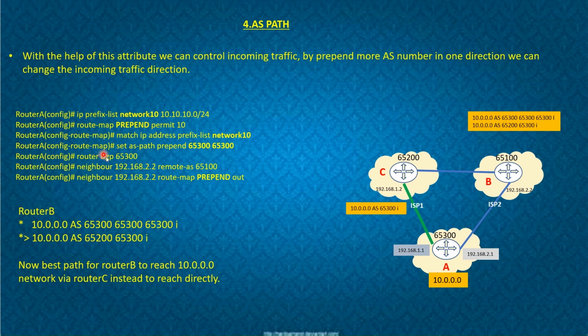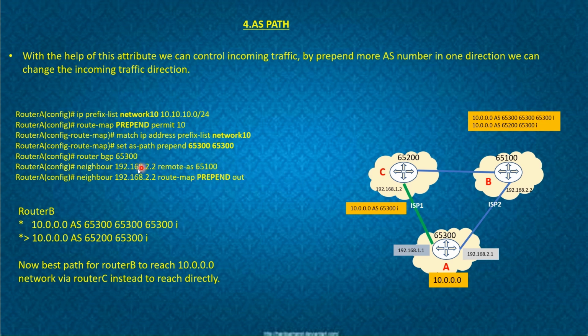Then go to router BGP 65300, here router A, and with the neighbor 192.168.2.2, which is this one, remote AS 65100, neighbor the same 192.168.2.2, route-map prepend. We are calling this route map in the out direction.